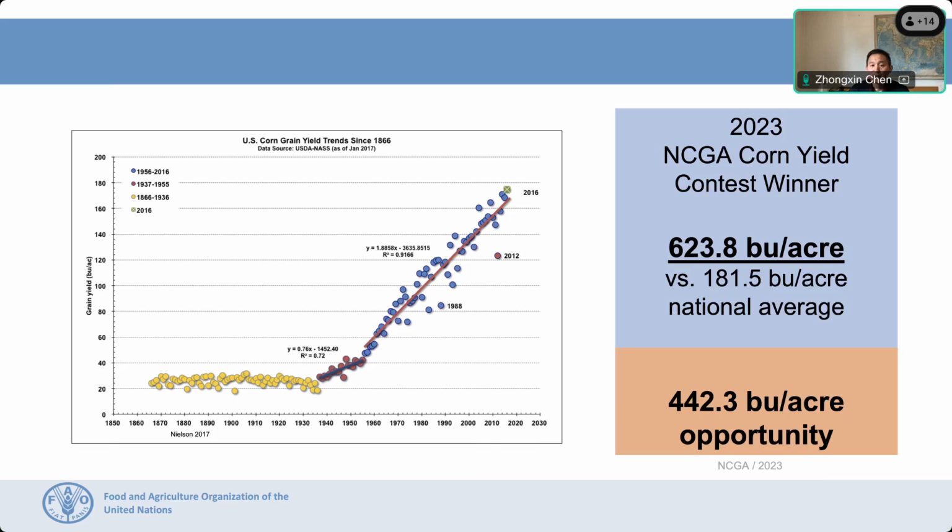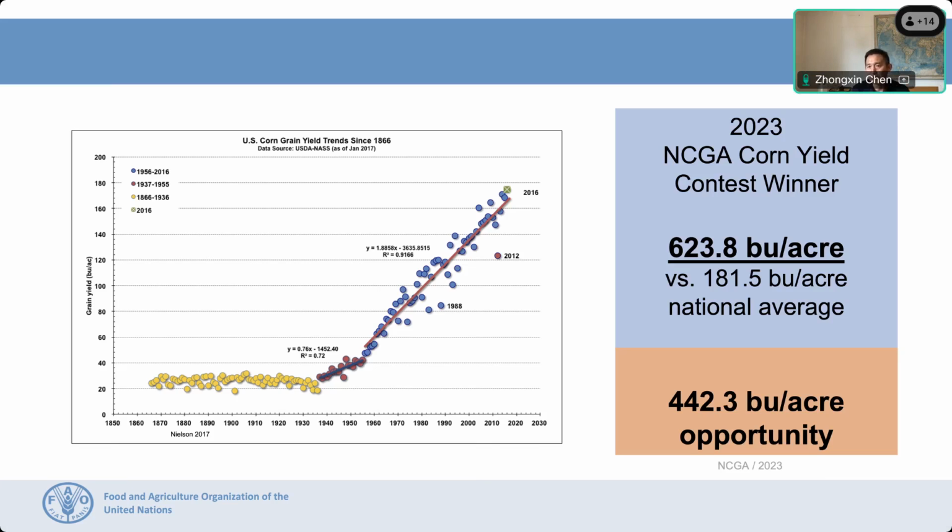And after 1980 and 1990, and in the first decade of the 21st century, this was the era of genetic engineering. So we have GMO and other varieties, and the yield improved again. But in the last decade, it seems the trend stopped.